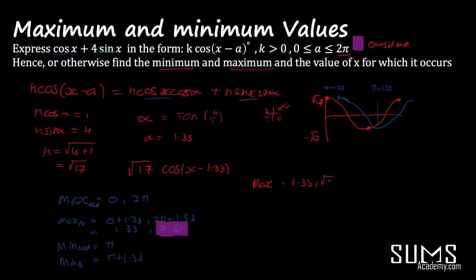Okay, so your max value is root 17, at x equal to 1.33, and min is going to be minus root 17, at x equal to 4.47.